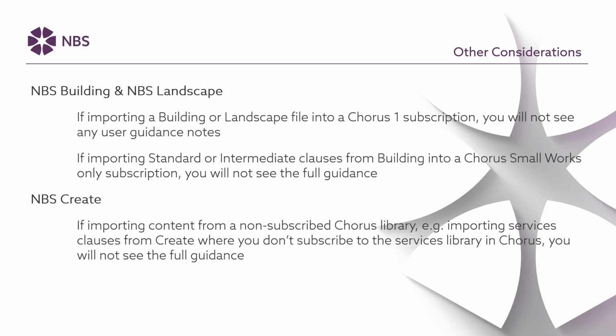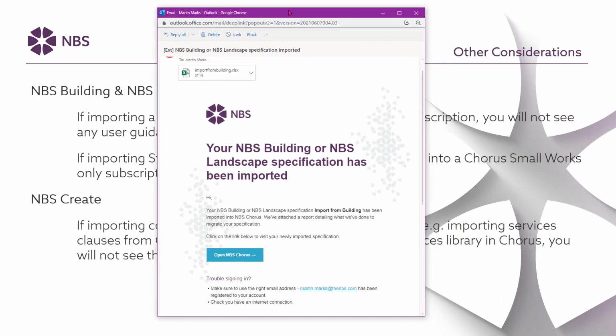So now what I'll do is I'll open the email I have received for the building file. That's the one that I imported first a little bit earlier in this webinar. Got my email open on another monitor. Let me just open that and drag that on screen here. So the email indicates that the building specification file has been imported.